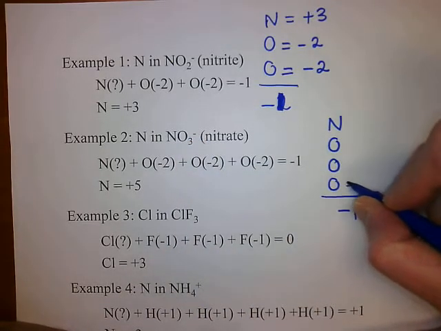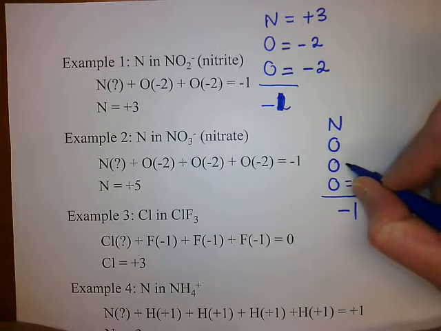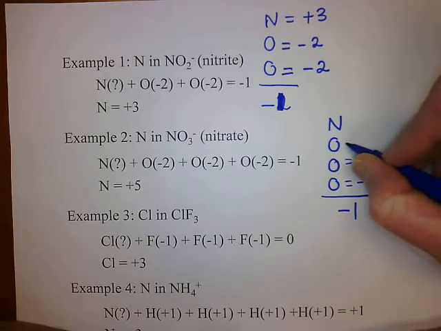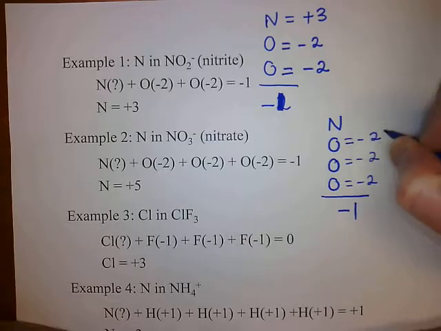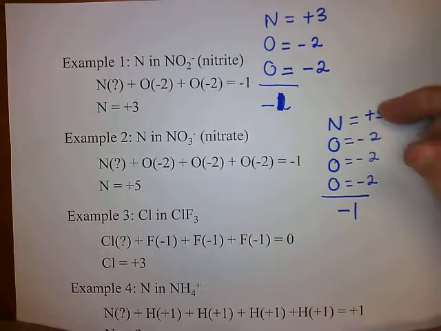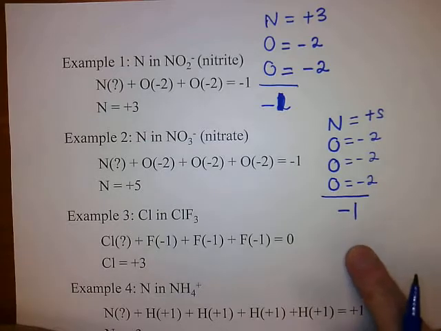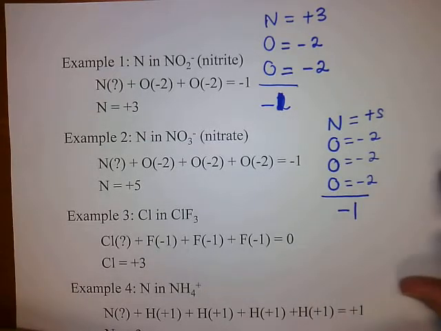So if each oxygen is minus 2, the nitrogen is what? It's plus 5, right? Because plus 5 minus 6 adds up to minus 1.